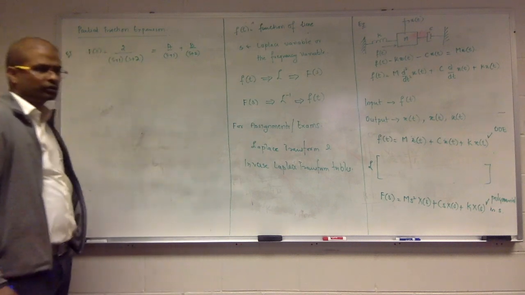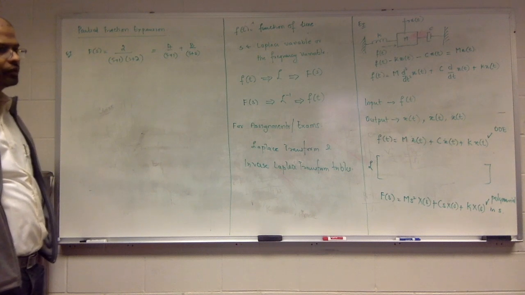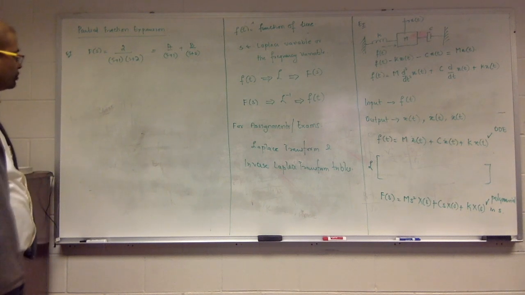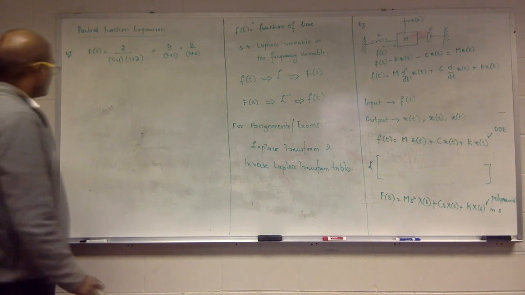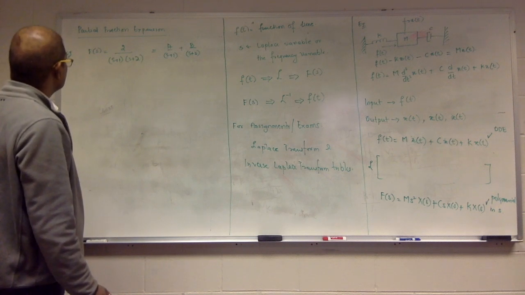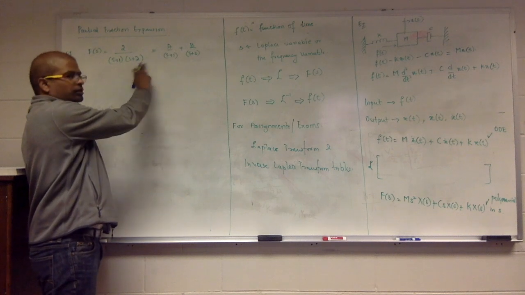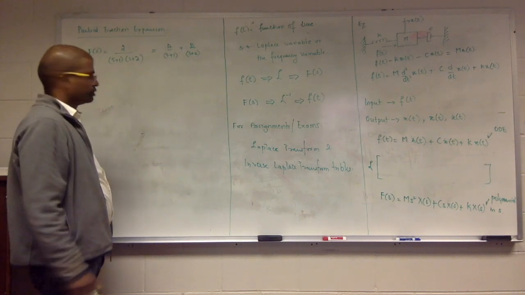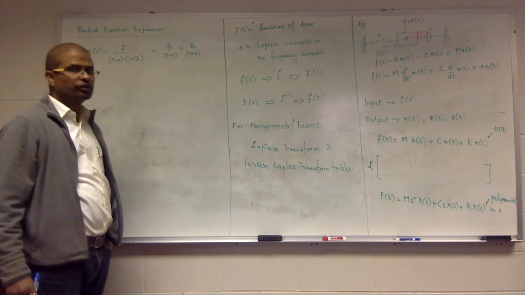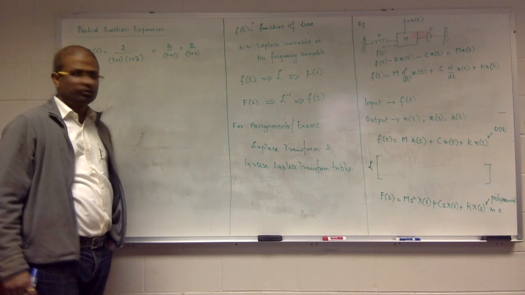How do you do this? That's where partial fraction expansion comes in. So the easy way to do it is you equate this, and then you find coefficients for A and B, right?